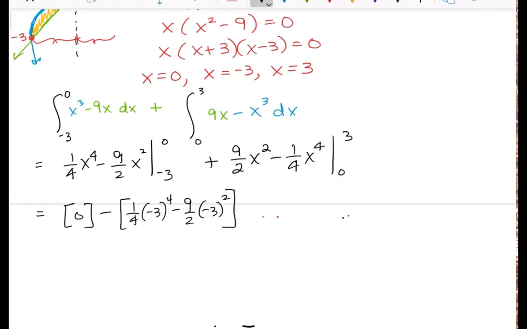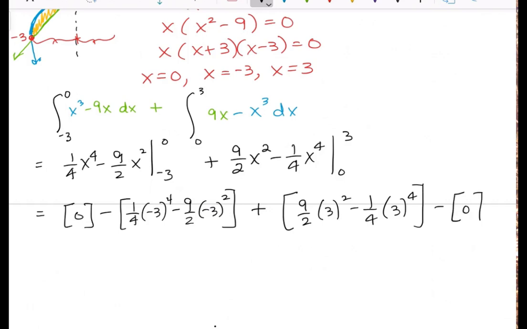And then I'm going to add that to what I get over here when I evaluate. So I'm going to plug in my 3 everywhere I see an x, minus 0. And if I plug 0 everywhere I see an x, that just turns into 0.